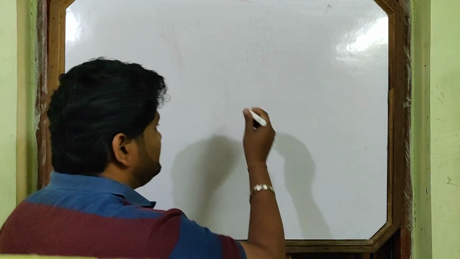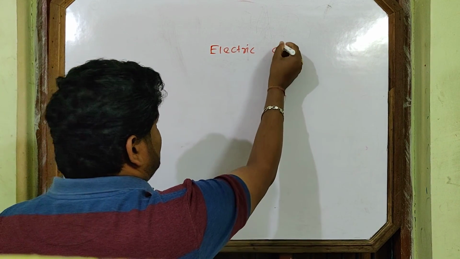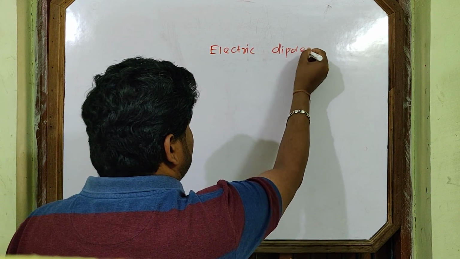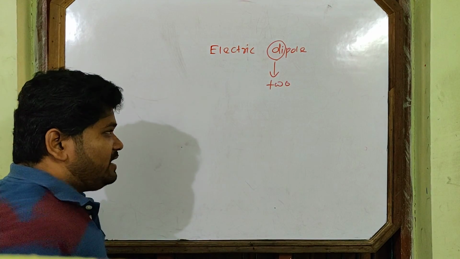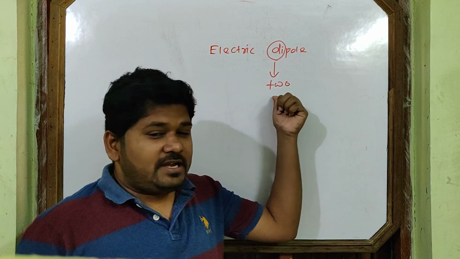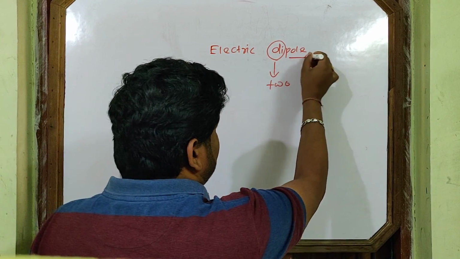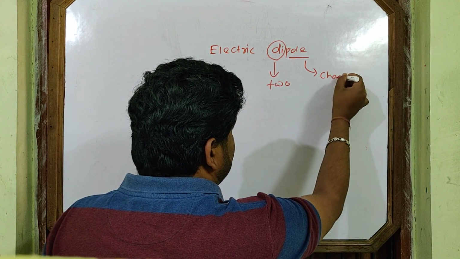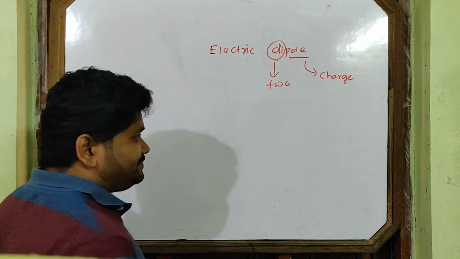Okay, let's come. What is an electric dipole? Di means two. Di, tri, tetra. So here di means 2. Pole means, not exactly pole, we will discuss about charge.